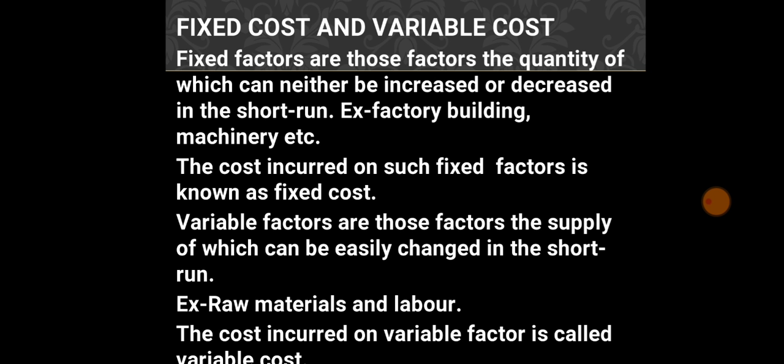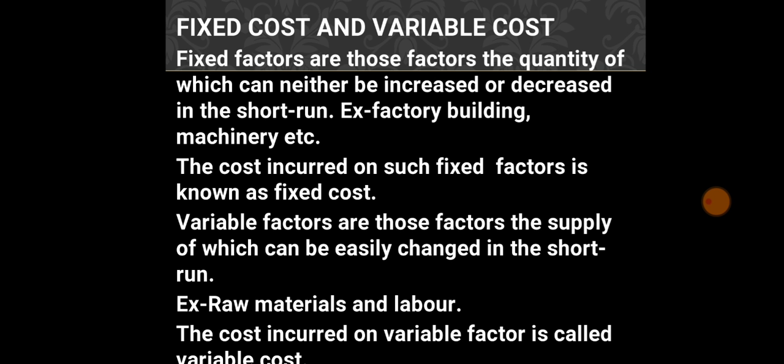Now comes the variable factor. Variable factors are those factors the supply of which can be changed easily in the short run to produce more output. Obviously, in order to produce more quantities of a commodity, the producers require more of the inputs.